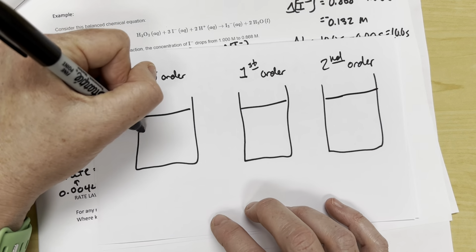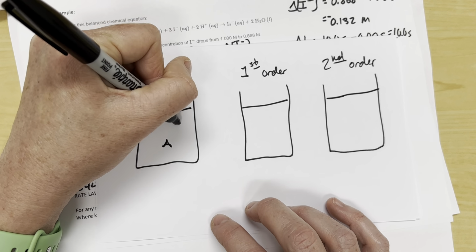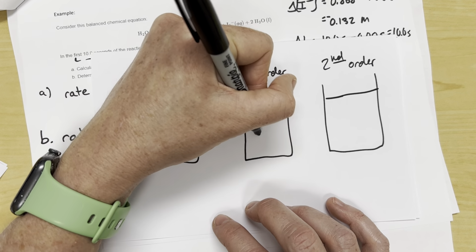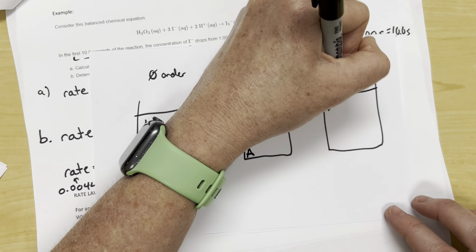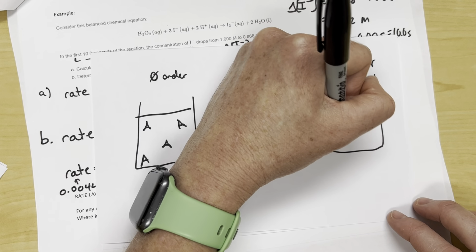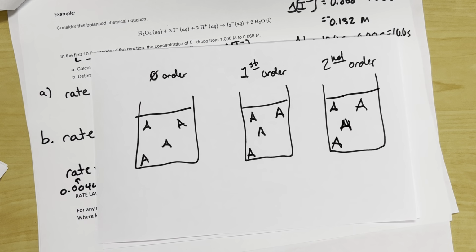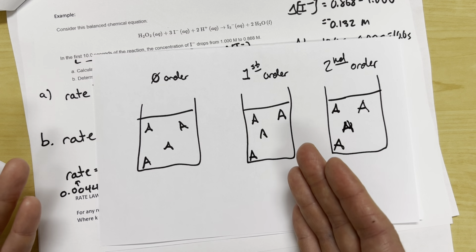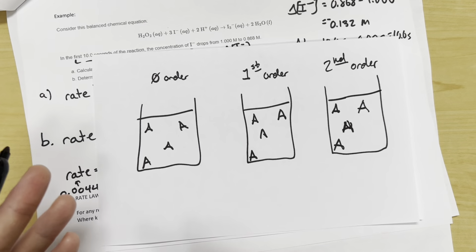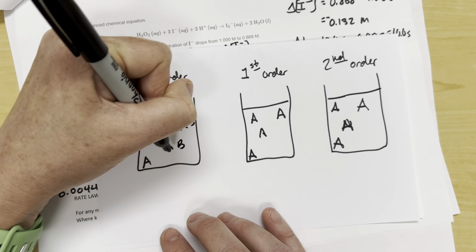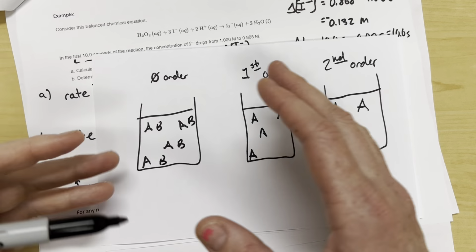Let's say you have, stick with A's and B's, some A. All of these have the same amount of A. Now let's say you add some B here, and you want them to react.